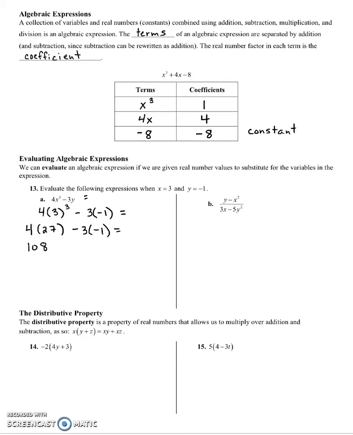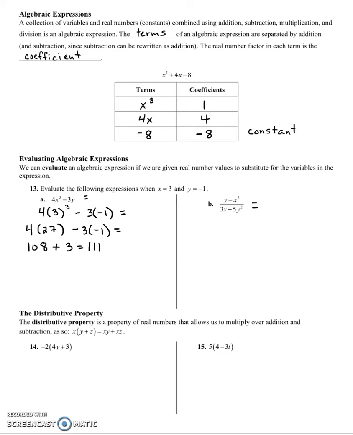You can use your calculator for that. And a negative 3 times a negative 1 is plus 3. So that gives us 111. Now, as always, you should pause the video and try to do the second example yourself before restarting the video to see how you did.